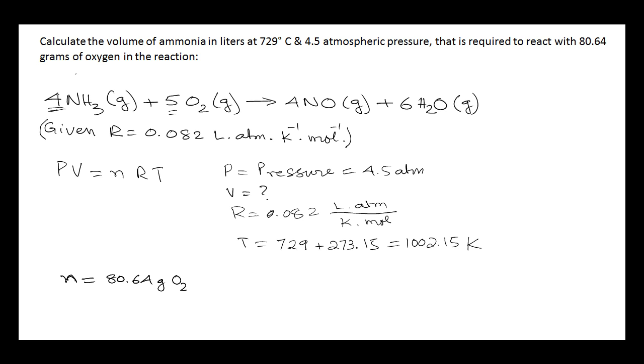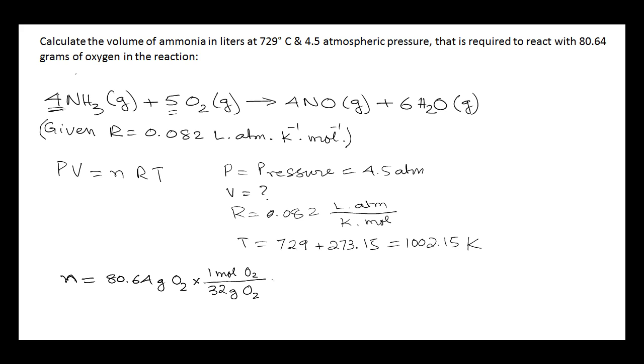See, 4 moles of ammonia with 5 moles of oxygen. Now we cannot convert grams directly to moles of ammonia. So we need to convert the grams of oxygen to the moles of oxygen. And to do that, we'll use the factor that 1 mole of oxygen is really 32 grams of oxygen.